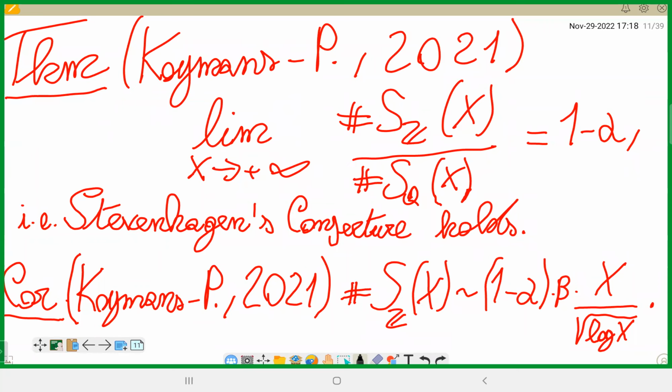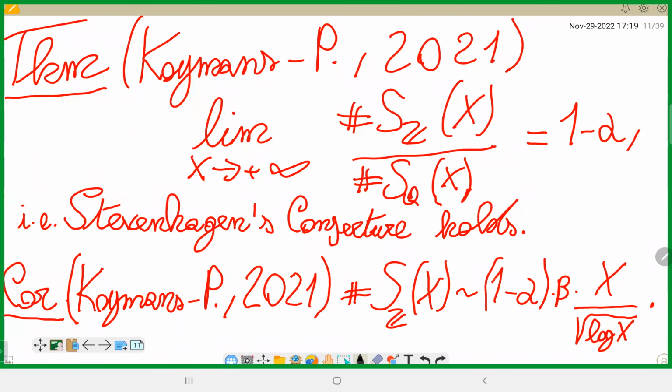So 1 minus alpha is this weird number that appeared in the previous slides, this infinite product, 1 minus 2 to the 1 over 2 to the j. And so the limit exists, and is exactly as Stevenhagen's conjecture predicts. And from there, you immediately find as the obvious corollary that you have an answer to the original question.